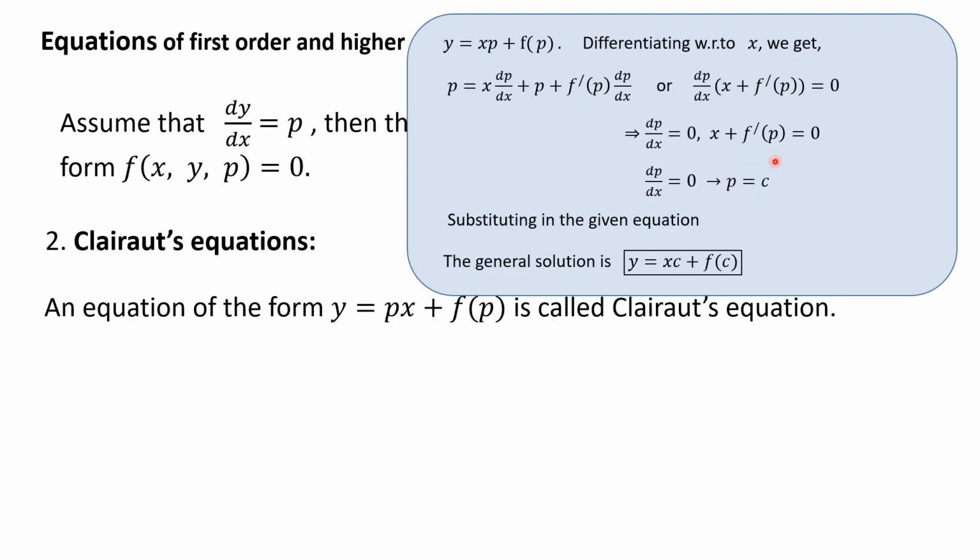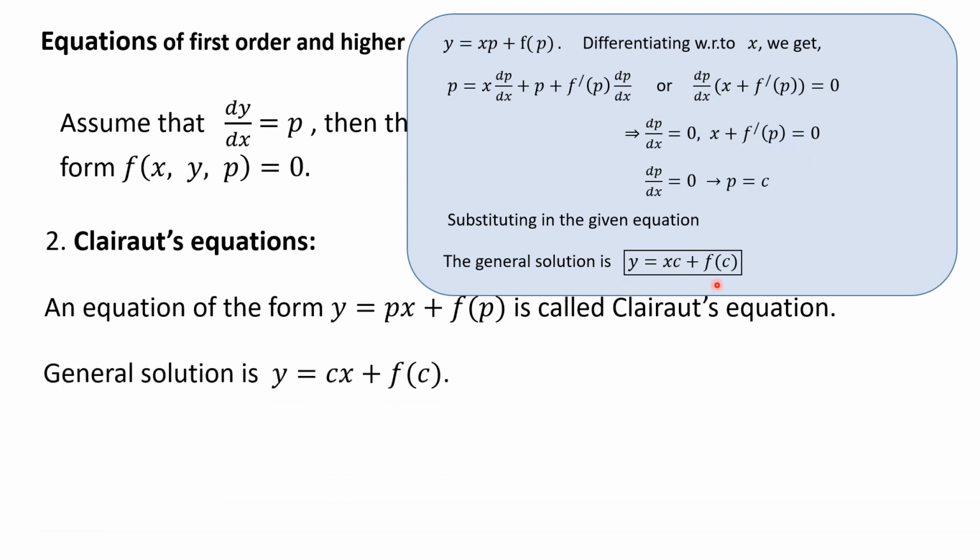So try to eliminate c by using x equal to minus f dash of c and y equal to xc plus f of c. We will get the general solution just by replacing p by c, that is y equal to xc plus f of c, the single general solution of this Clairaut's equation. And in case we want the singular solution, we eliminate c from x equal to minus f dash of c and y equal to xc plus f of c.